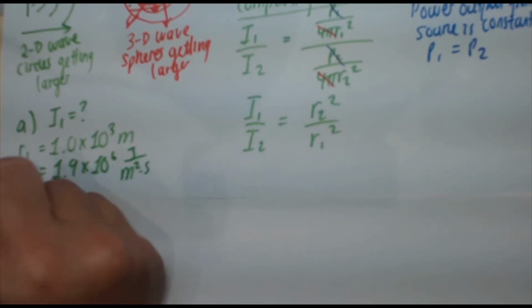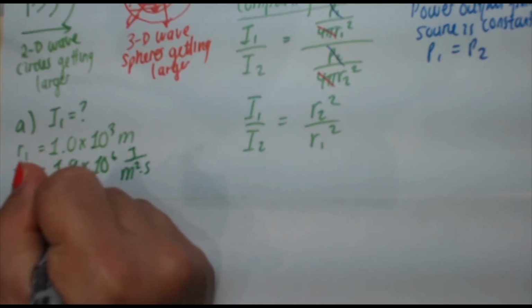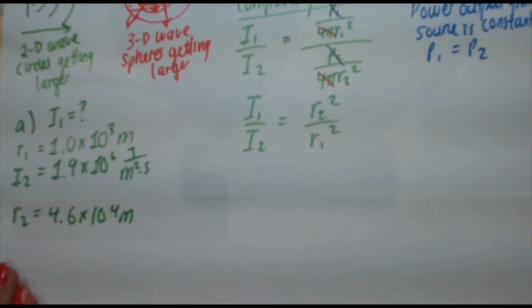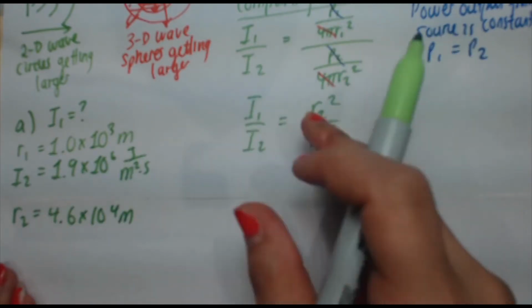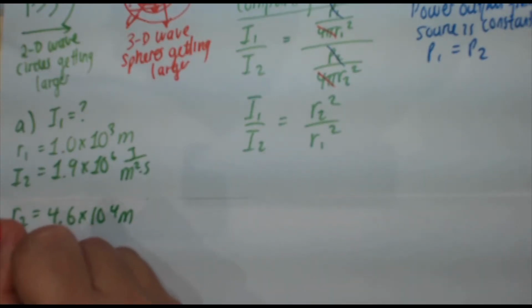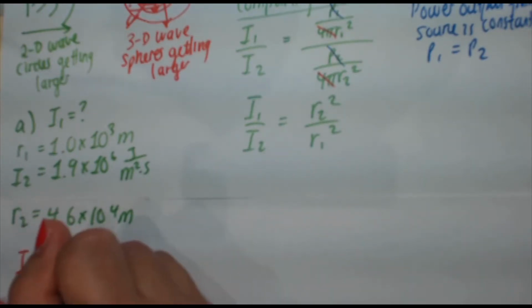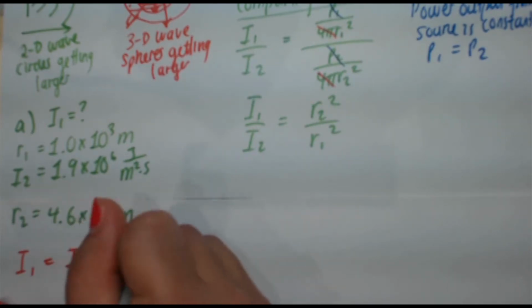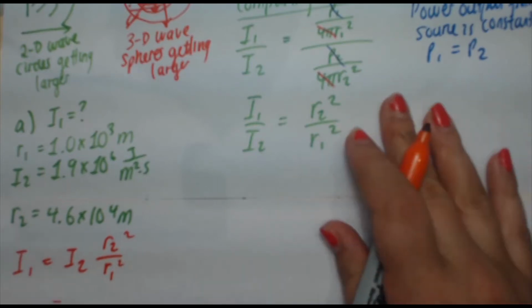And the distance for that intensity is 46 kilometers or 4.6 times 10 to the 4 meters. So we take all of this and incorporate it into this formula right here. So let's do that down here. I1 is equal to I2, R2 over R1, and these are both getting squared.